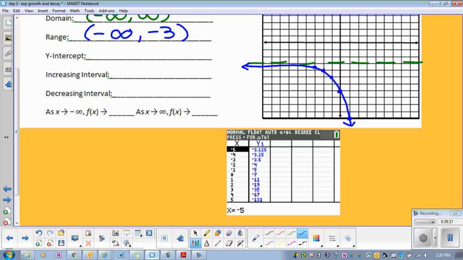Now, where is my y-intercept? 0 what? No. Check your second graph. Check your table. Second graph.